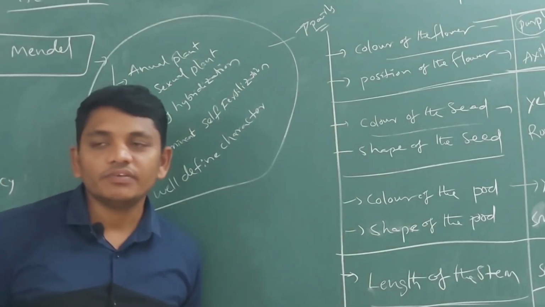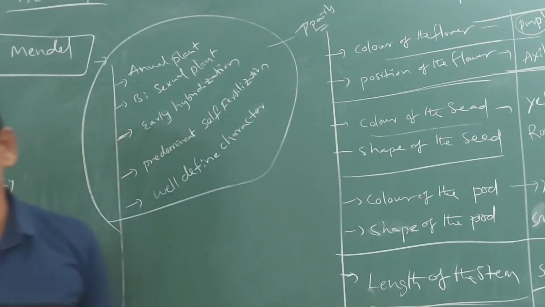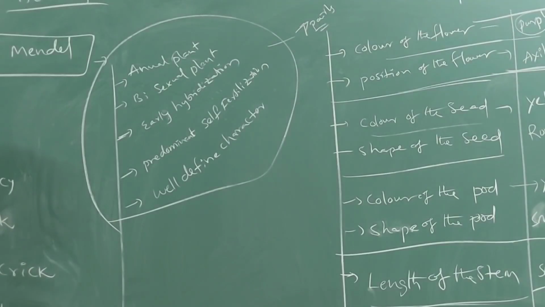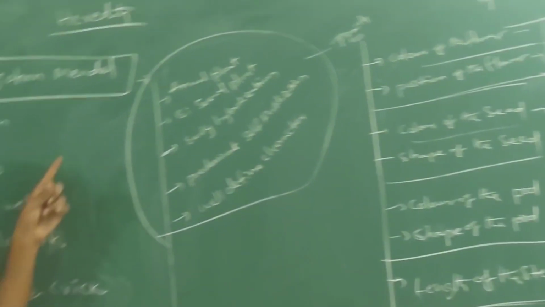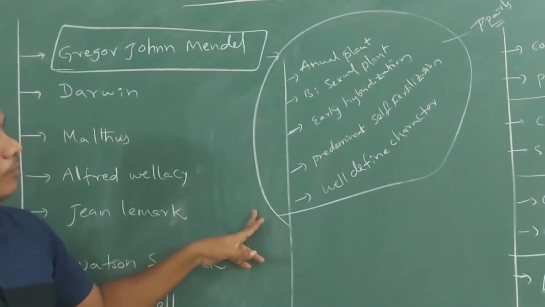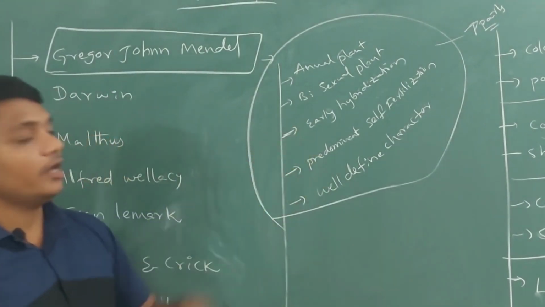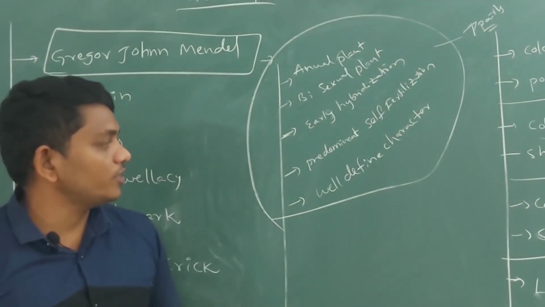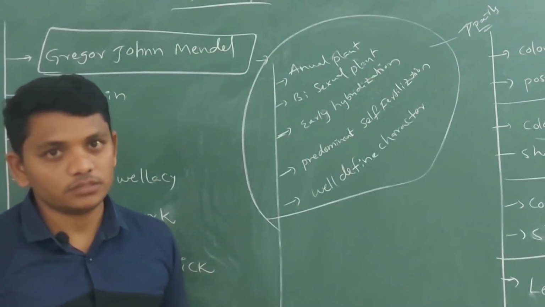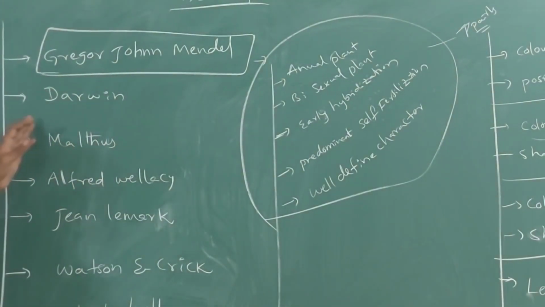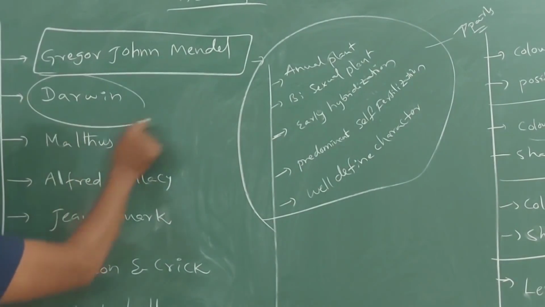So these are the 7 contrasting characters chosen for his experiments. If asked why Mendel chose pea plants, then we answer: annual plant, bisexual plant, early hybridization, predominant self-fertilization, and well-defined characters. Next we will discuss Darwin.